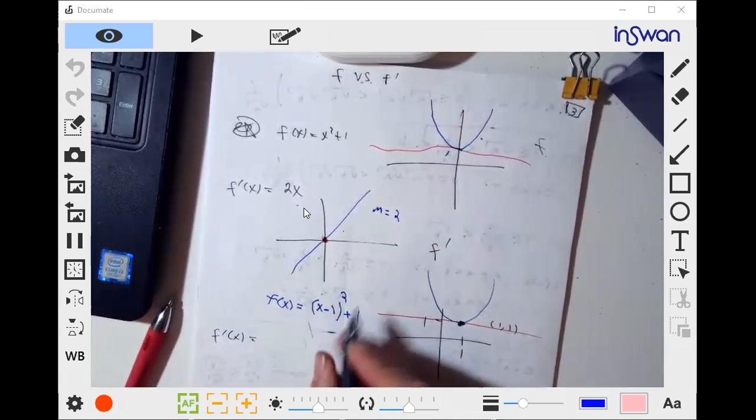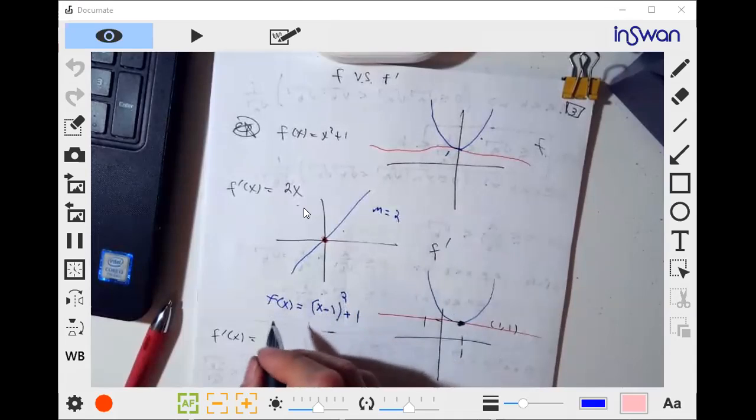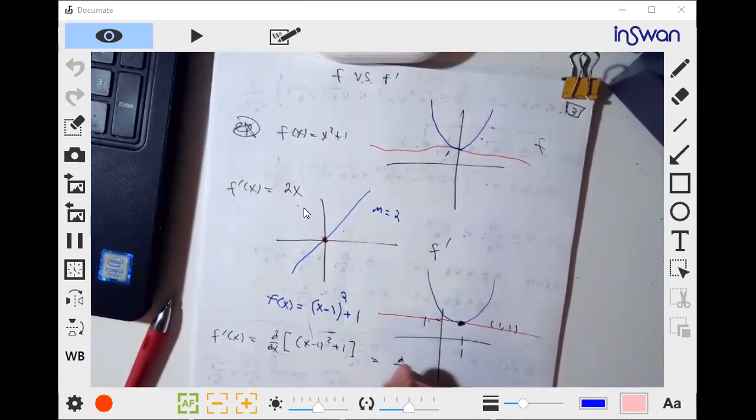So f prime of x is equal to, let's take the derivative of this guy. Notice that this is d/dx of x minus 1 times x minus 1 plus 0, because d/dx of a constant is 0.